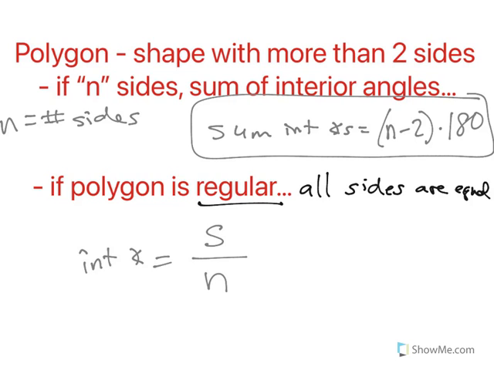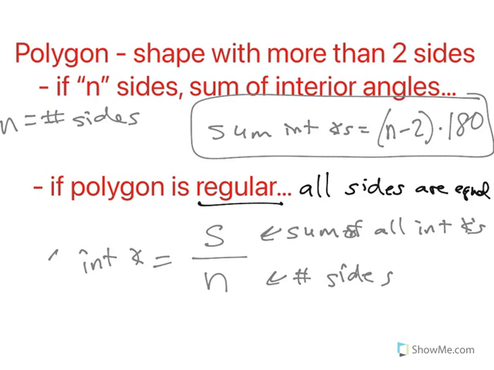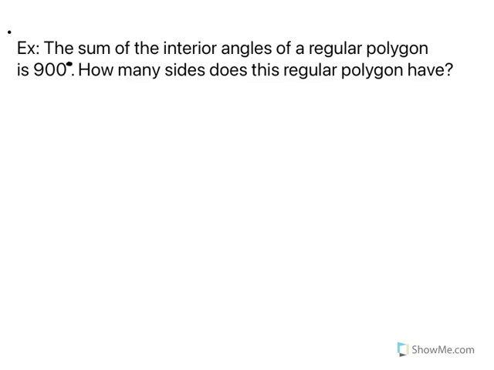And now you're thinking, I don't know what S is. Well, S is the sum of all interior angles. So if we know the sum of all of the interior angles, we can divide by the number of sides, and that tells us the measurement of one interior angle, which should make sense. If there are 5 angles and they're equal, if I take the total and divide by 5, that tells me the value of 1. Okay, let's use those two things.